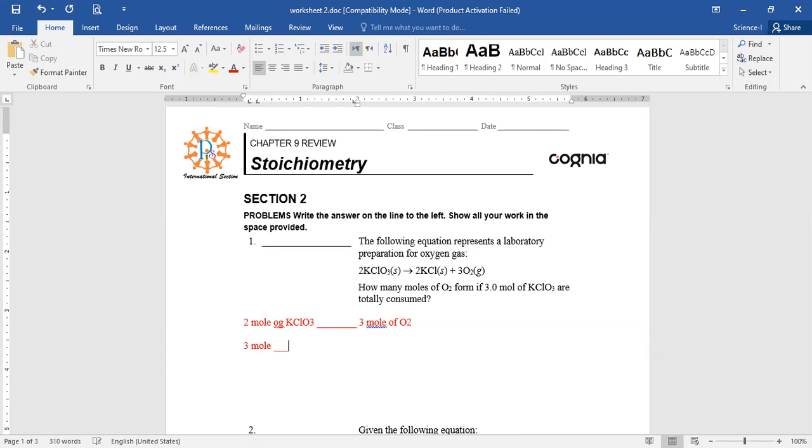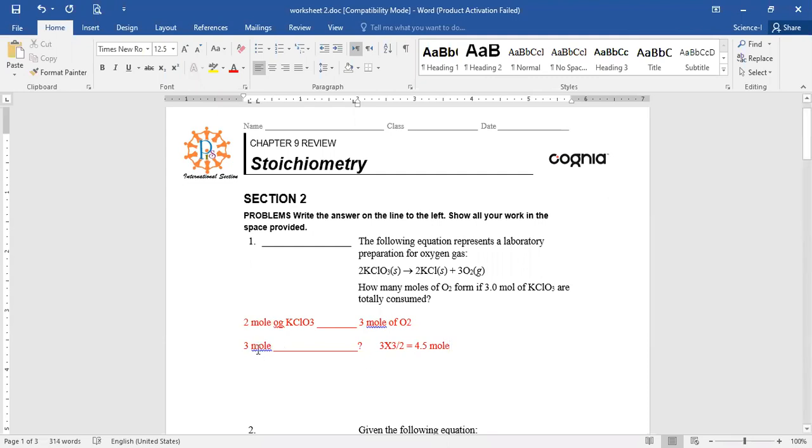How many moles will they yield? That's the question, and this is the unknown. So the answer will be 3 multiplied by 3, divided by 2. Good idea. So it equals how much? 4.5. Is it hard like this, guys?